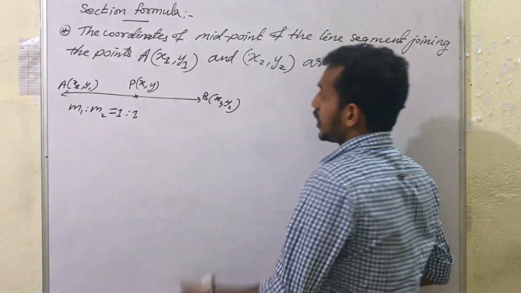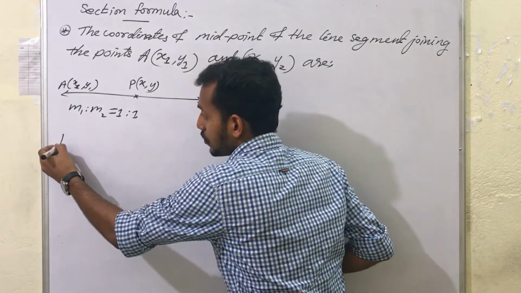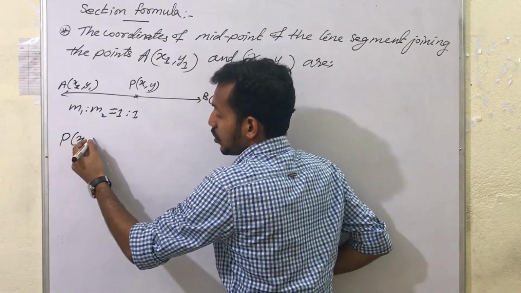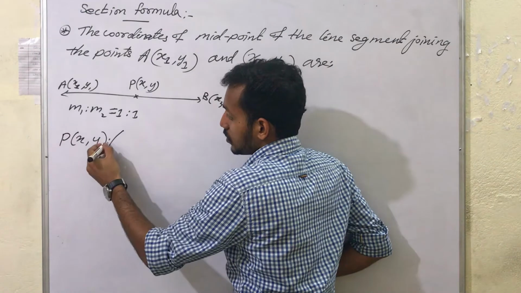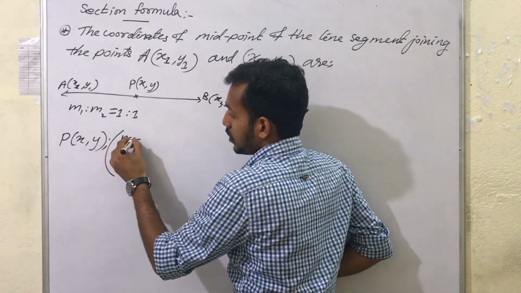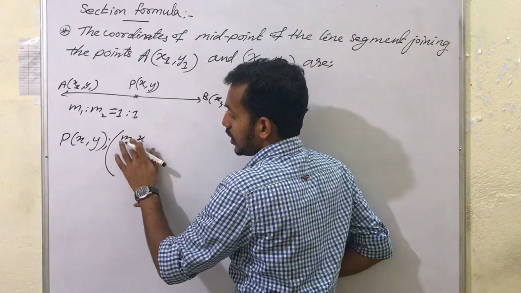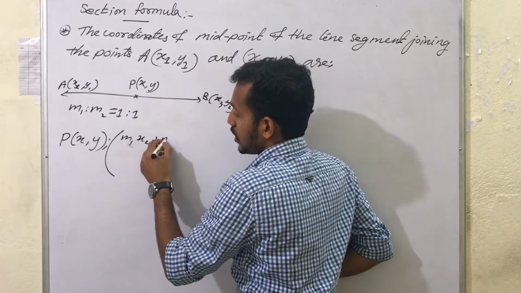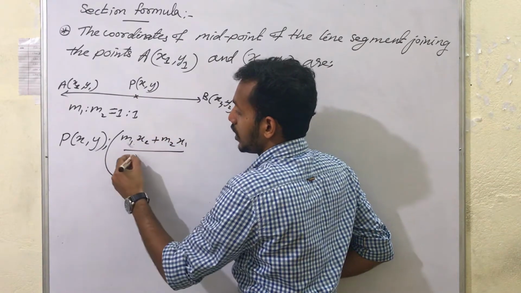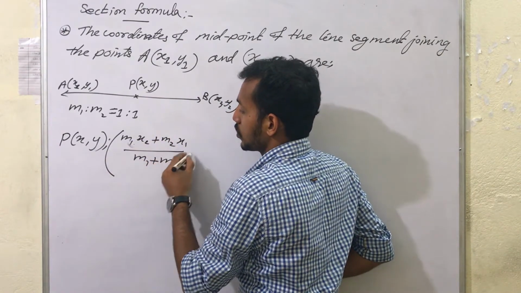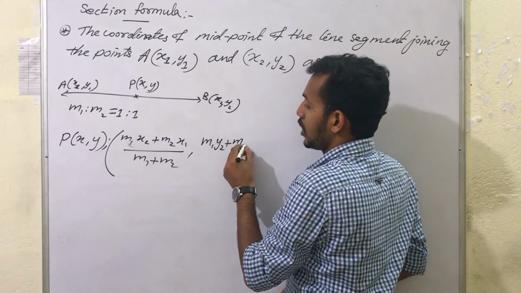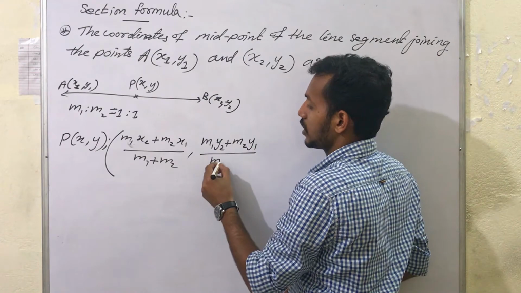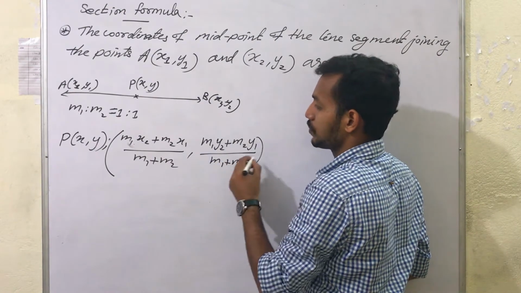Okay, so in that case, what is the general formula? We have learned that x comma y is equal to m1 x2 plus m2 x1 divided by m1 plus m2, and m1 y2 plus m2 y1 divided by m1 plus m2.